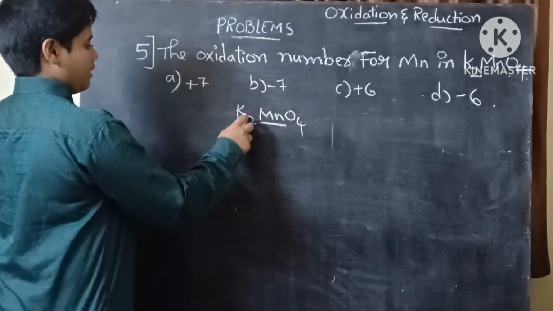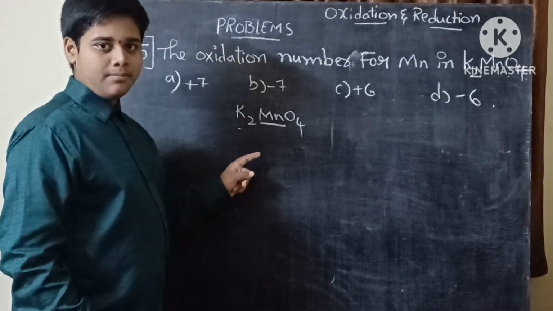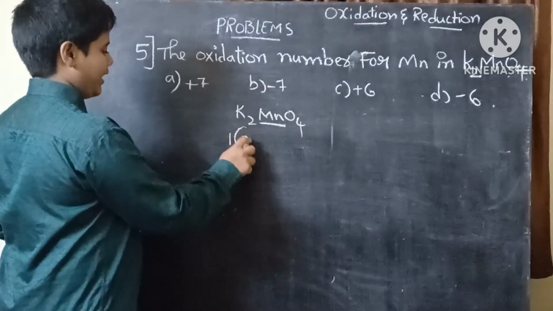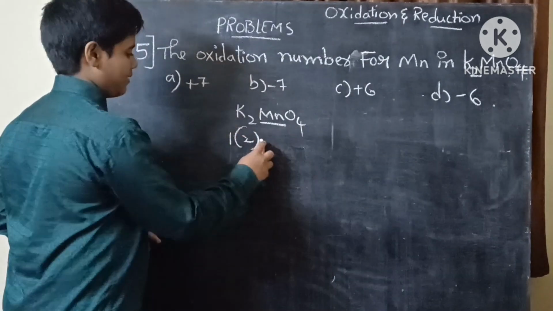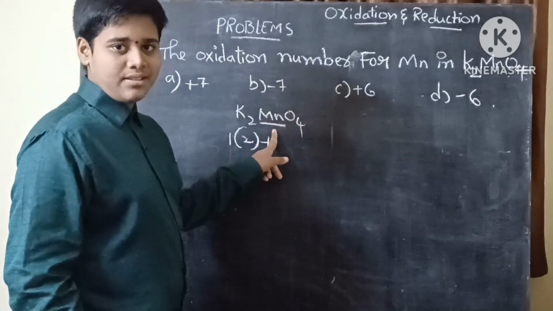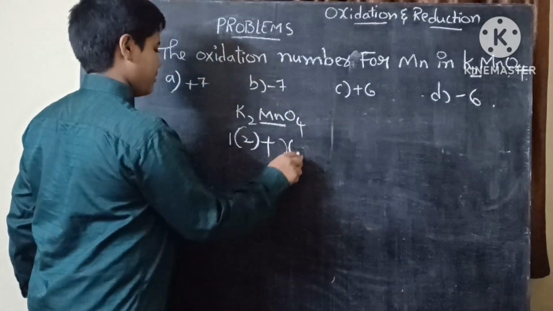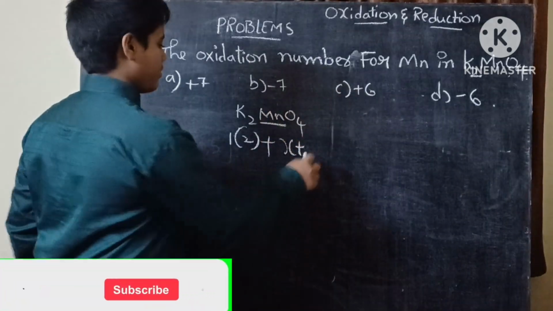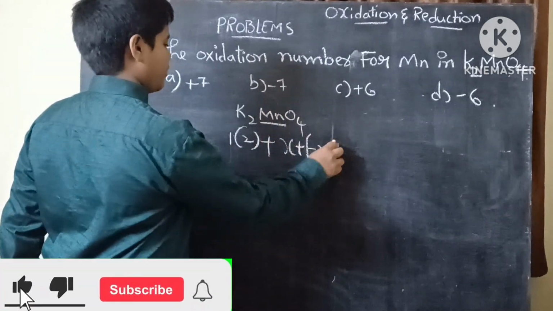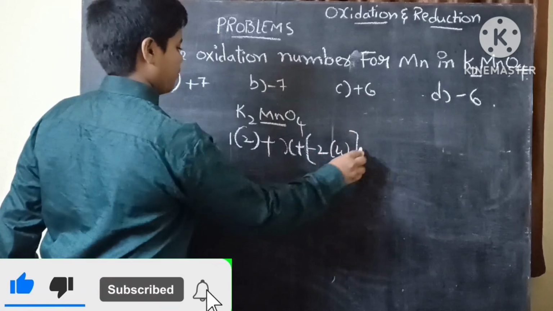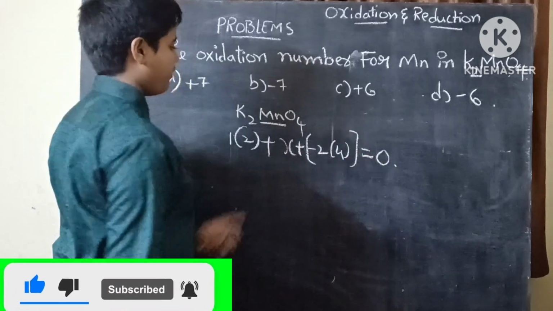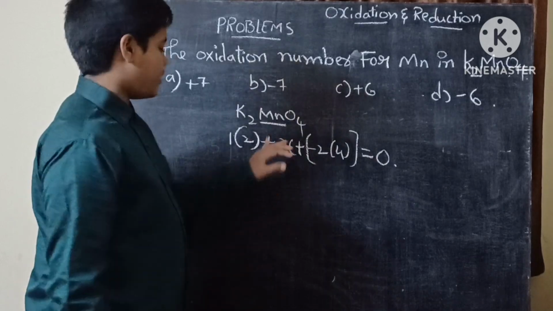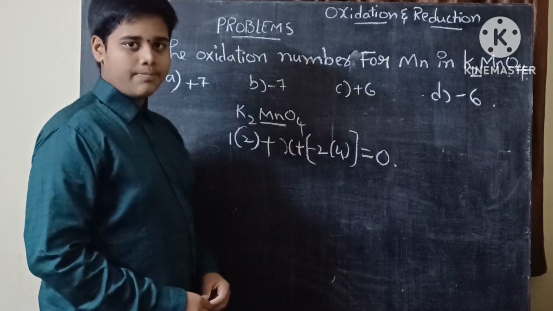So for one potassium atom, the oxidation number is 1. There are 2 atoms, so 1 into 2, plus I am taking Mn as X, as we don't know. So X plus, for one oxygen minus 2, so minus 2 into 4, equals 0. We have to equate with 0 because there is no charge on this compound.